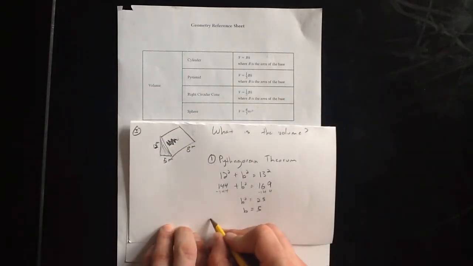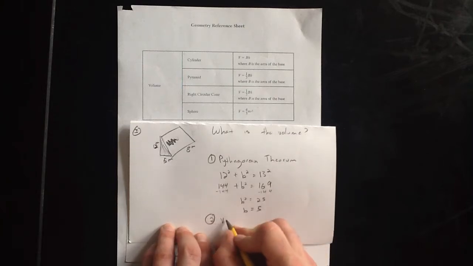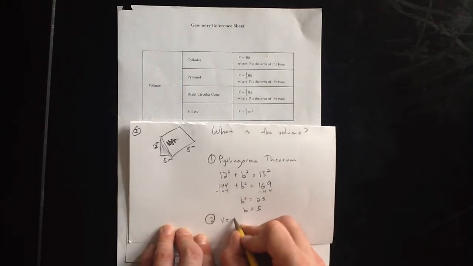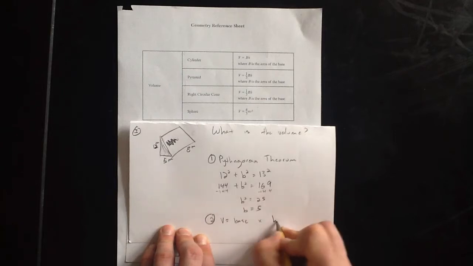All right, so now for the second step. The volume equals the area of the base times the height.